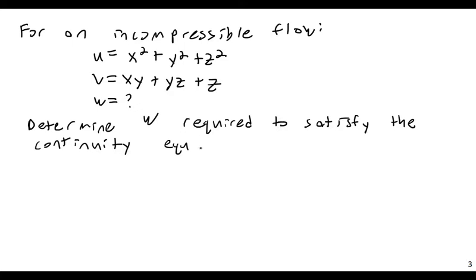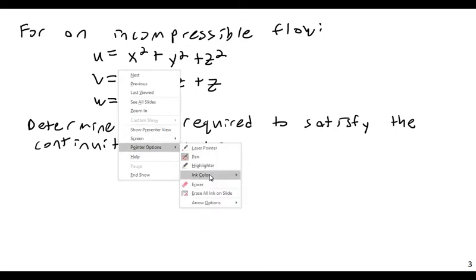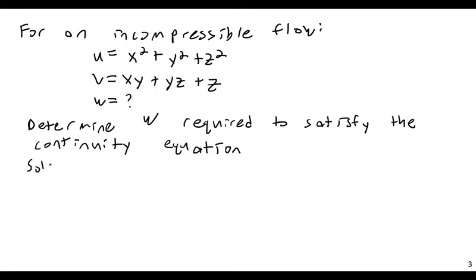The continuity equation. So basically, I am saying that we have an x velocity as a function of x, y, z, a y velocity as a function of x, y, z, and I want to see how these relate using the continuity equation to find what the vertical or the w velocity component must be. So I'm going to assume steady state. So solution here. It is not stated, so we don't know anything about time, so I'm going to assume steady state, so the partial with respect to time will be 0.